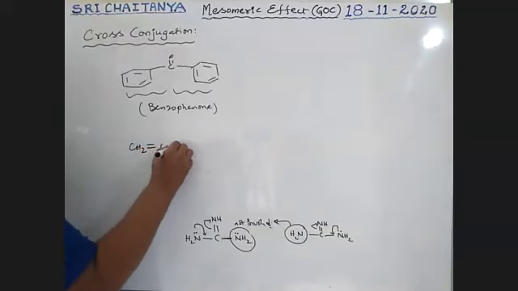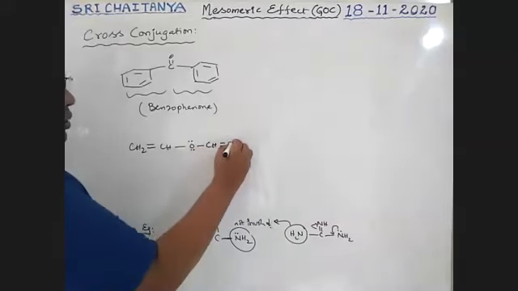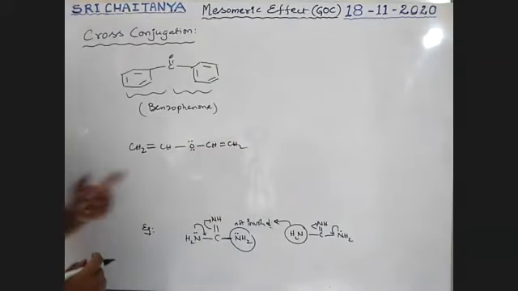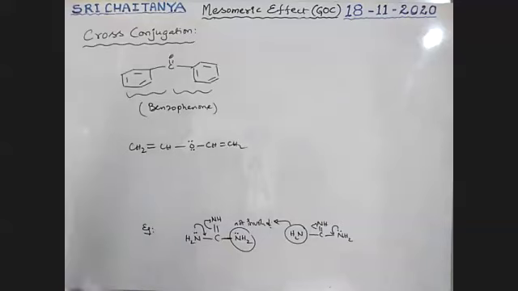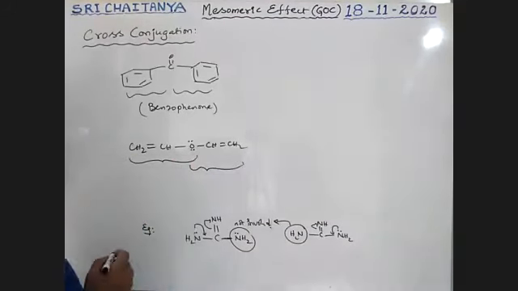Next, CH2 double bond CH, O, CH double bond CH2. So divinyl ether. So these two are involved, and one is neglected. Okay.